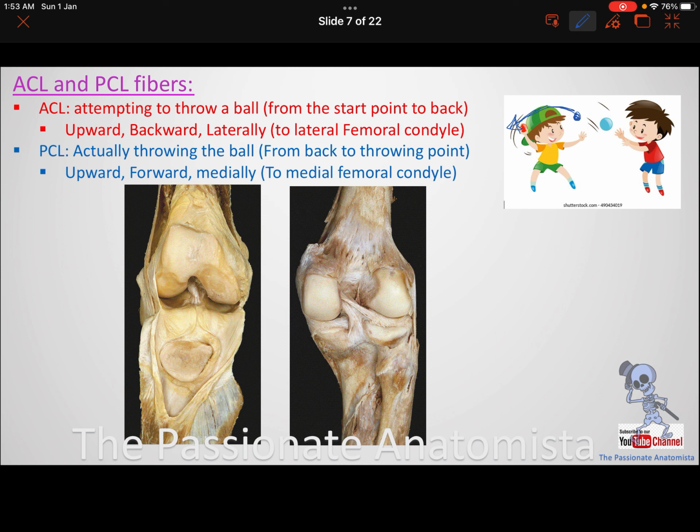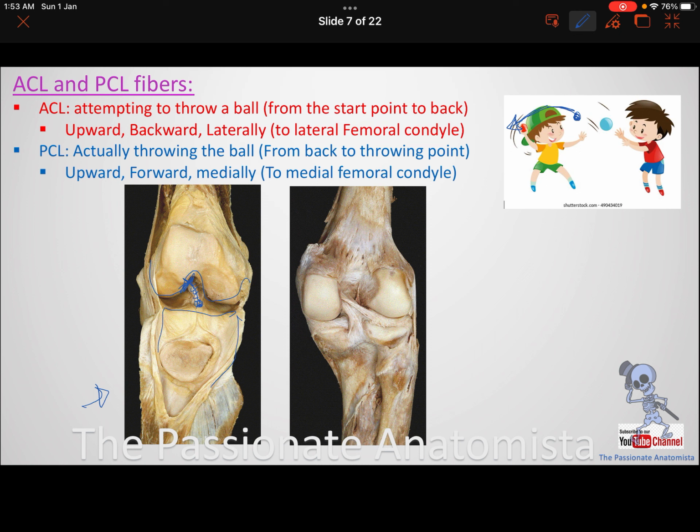If you look at this picture here, this is the tibia and this is the femur. The ACL is going to move all the way from the anterior intercondylar area to the lateral femoral condyle.